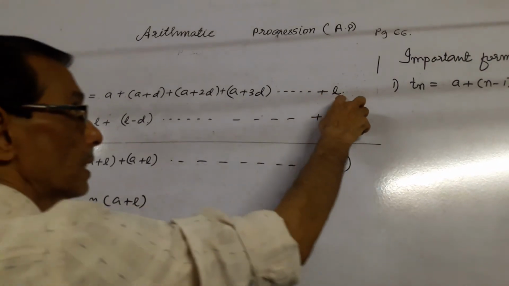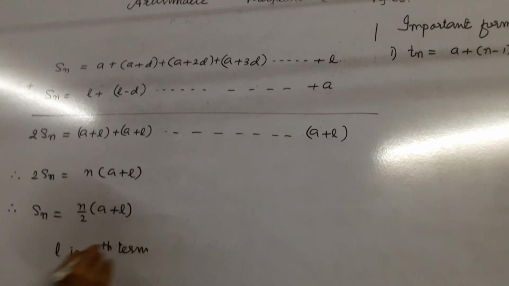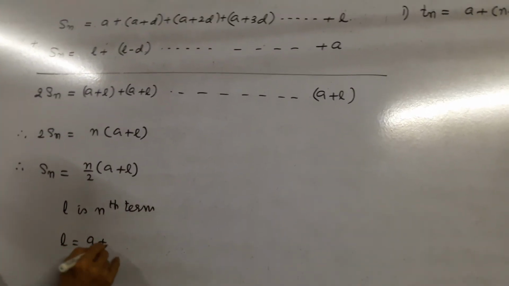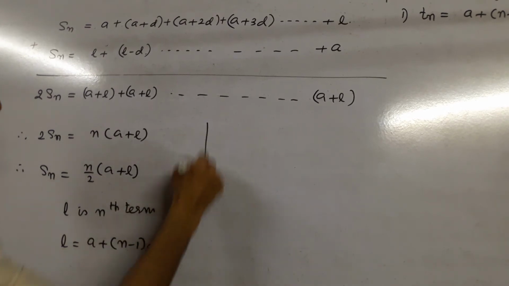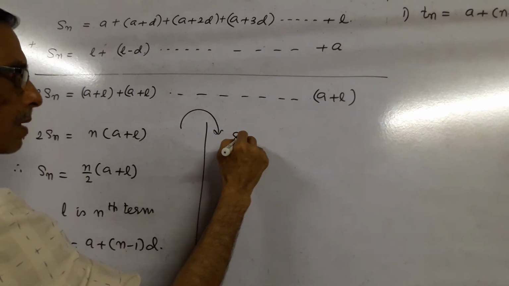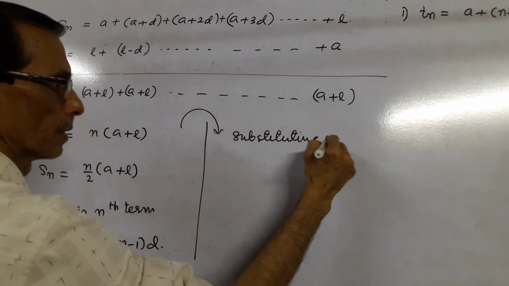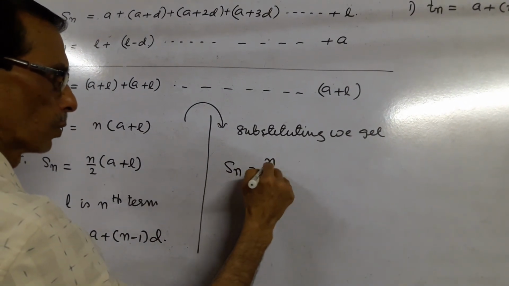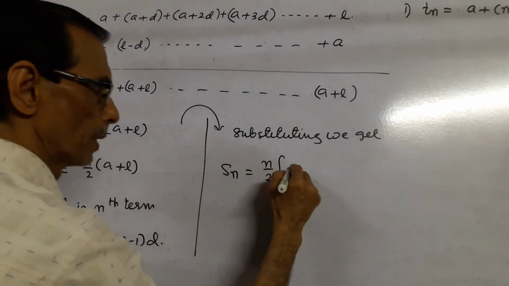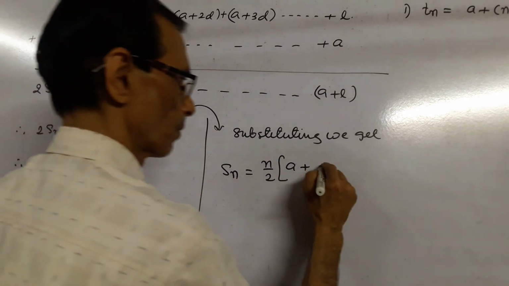But we know that if L is the last term, the nth term, then the nth term is A plus N minus 1D. This is L. So substituting, we get Sn equal to N upon 2 bracket A plus L, but L is equal to A plus N minus 1D.